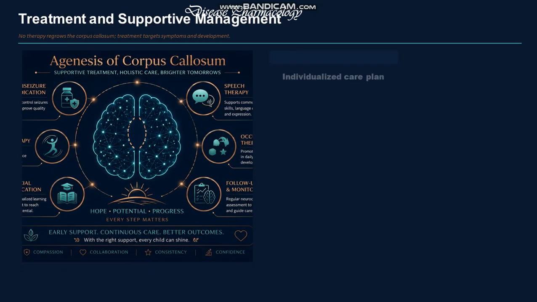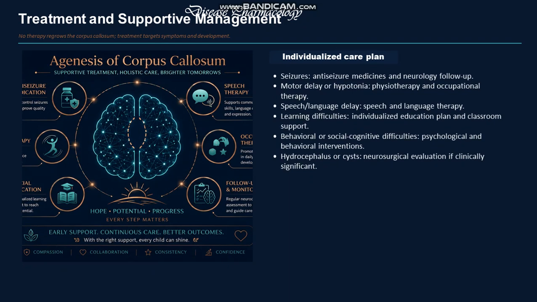Treatment and support: individual care plan, neurophysician, physiotherapy or psychotherapy or occupational therapy should be there. For speech and language delay, a speech therapist should help the patients. For learning difficulties and behavioral or social cognitive difficulties, psychological and behavioral interventions. For hydrocephalus or cyst, neurosurgical evaluation should be there for the patient if clinically significant and if the patient is in need of that.